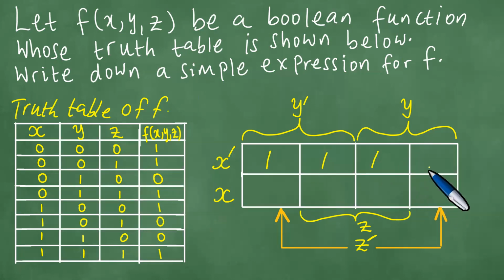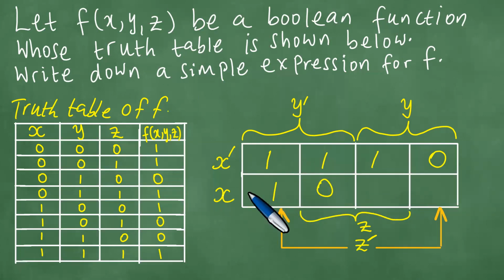So 0, 1, 0 is a 0. Then you come to this one, which is x, y primed, z primed, which is 1, 0, 0. So 1, 0, 0, it's a 1. This is x, y primed, and z. So it's 1, 0, 1. So 1, 0, 1, it's a 0.